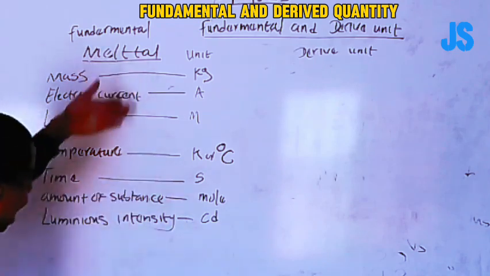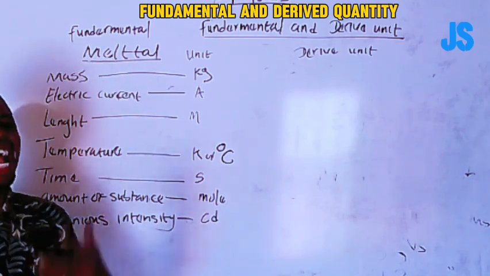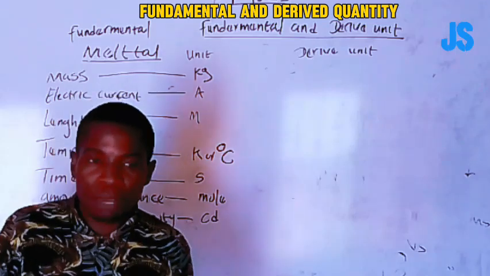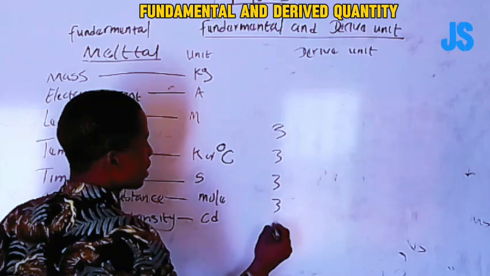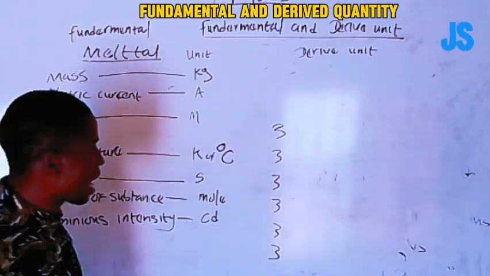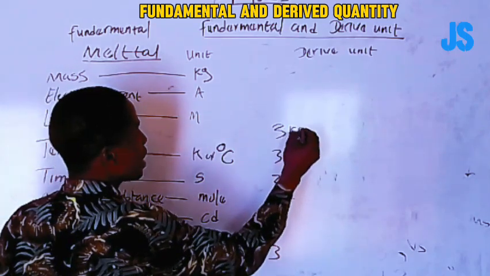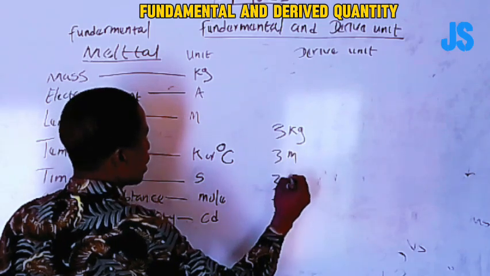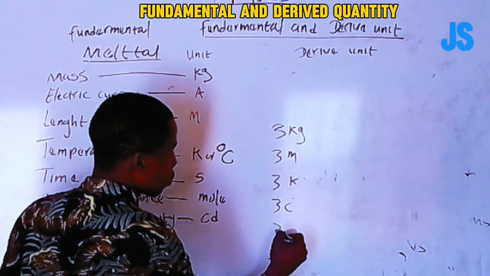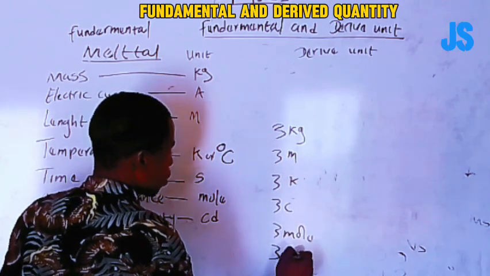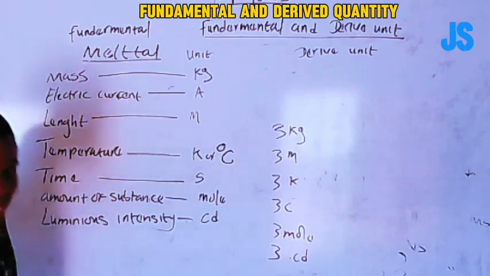Now, why are we doing this in physics? Anytime you are measuring, there must be a unit attached. For example, if I write 3, 3, 3, 3, 3, 3, and then put something on each of them, it has changed.